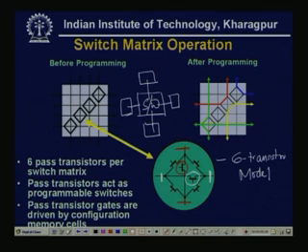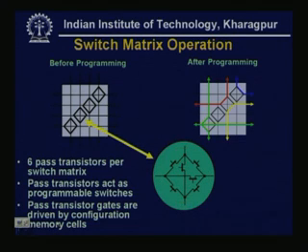So, if I see these 4 connections, they are the 4 logic blocks, and which logic block is connected to which logic block, that is the switch box doing that interconnection part. So, this is a 6 transistor model, and mainly pass transistors are being used to do that.